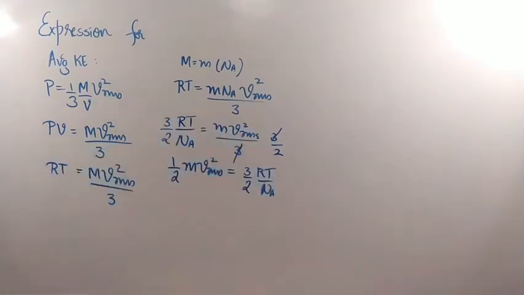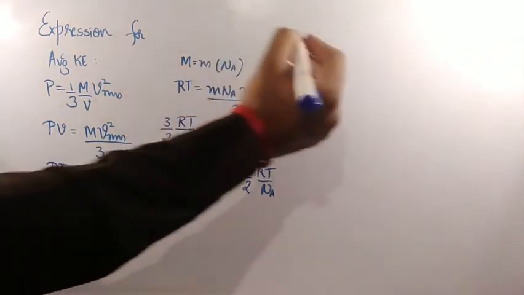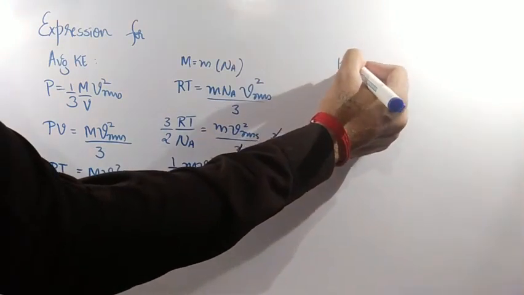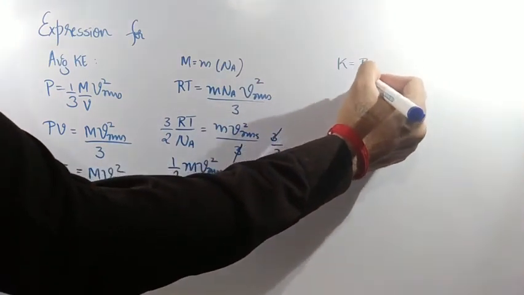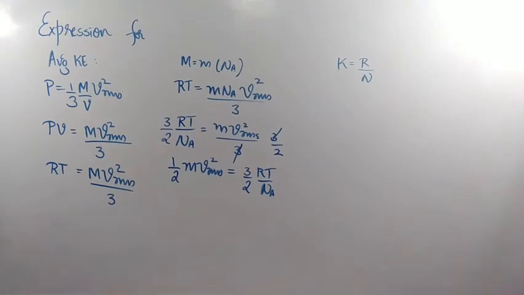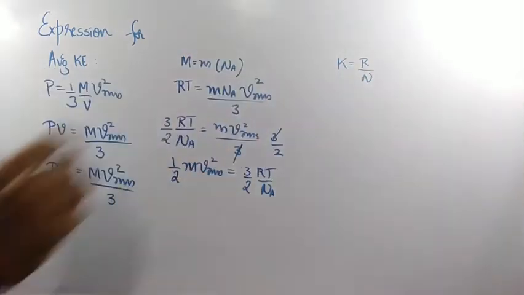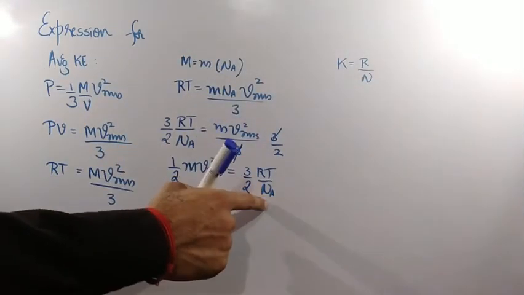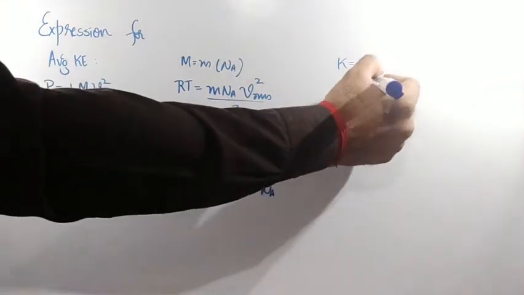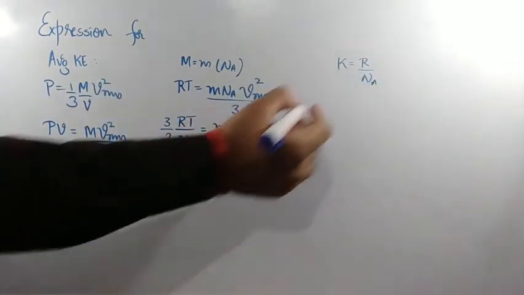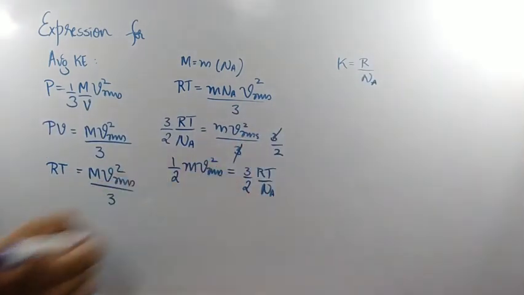So in last class I had told you about the Boltzmann constant. k is equal to R by N, where N is nothing but the Avogadro number. Here R by N_A, what I can write as k.